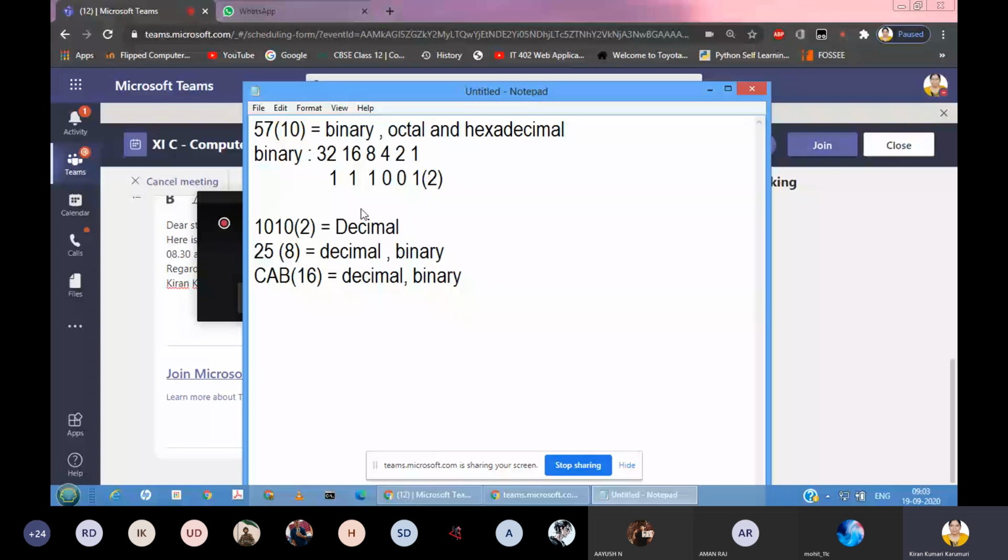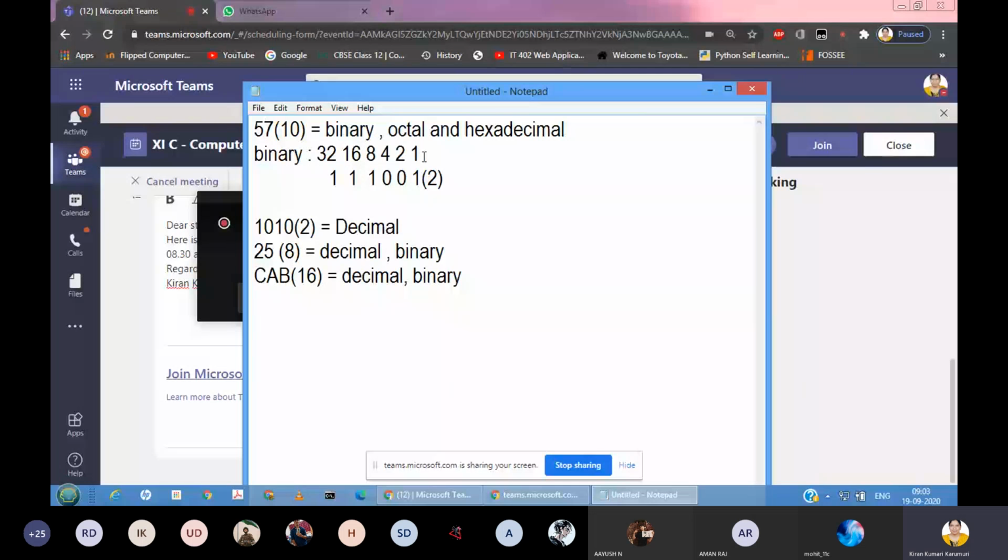Without division, I have done it. How, ma'am? Because we know the place values. 57 is obviously less than 64. I have taken the 1's, 2's, 4's, 8's, 16's and 32's places.